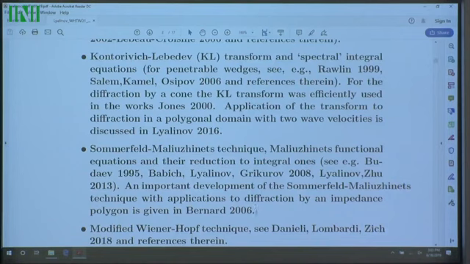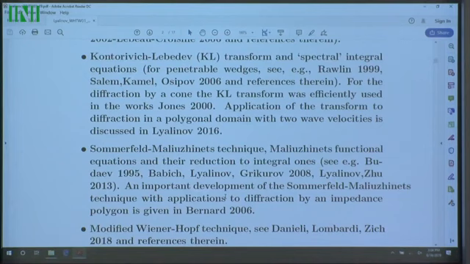And of course, for example, some important results have been obtained by Budayev when he studied the elastic wedge problem, and also some summaries or some surveys can be found in the following works also. By the way, we also should mention an important development of the Sommerfeld-Malyuzhinets technique given by Bernard. And actually, my approach will have a lot of similarities with that given by Bernard, but it's not the same.